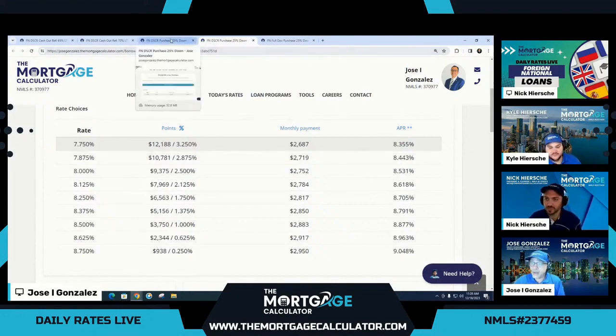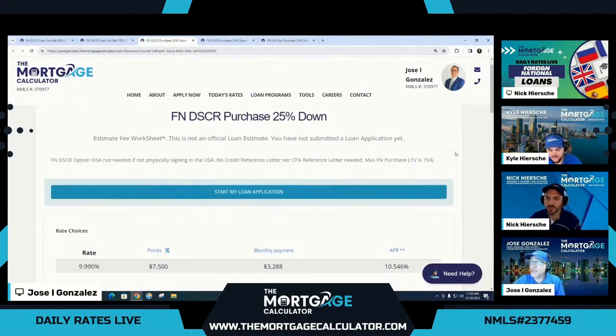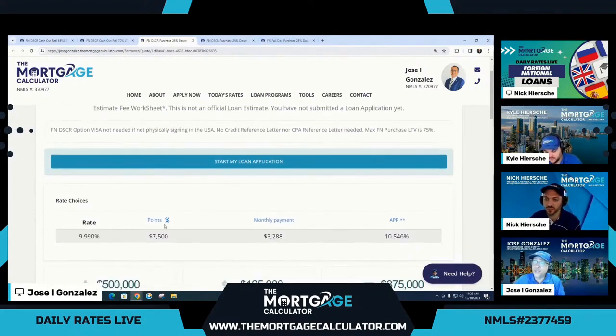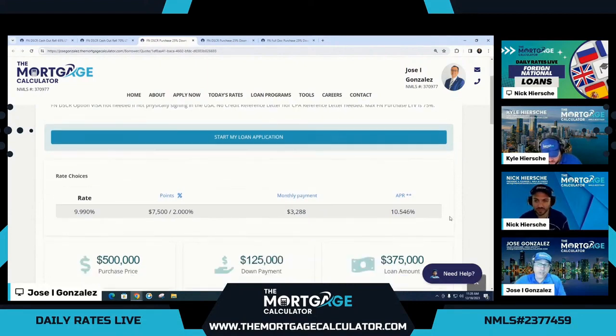So now I wanted to show our foreign national simplified option at a 75% LTV. This was the lowest cost option for that route, 9.99, costing 2 points loan discount. And you can buy it down if you want to, but that's additional expense there.